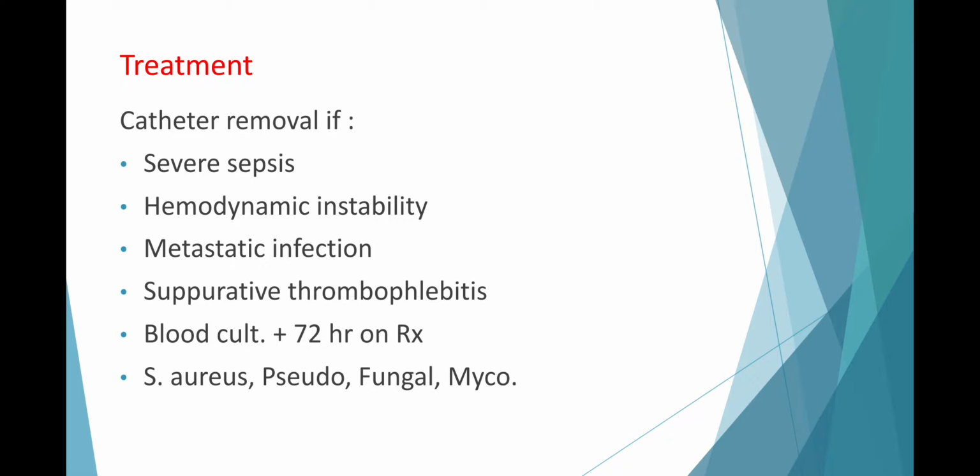Also if blood culture is positive more than 3 days after starting treatment. I mean, suppose you decided to retain the catheter and started antibiotics, but after 3 days the patient still has positive blood cultures, then you have to remove the catheter.